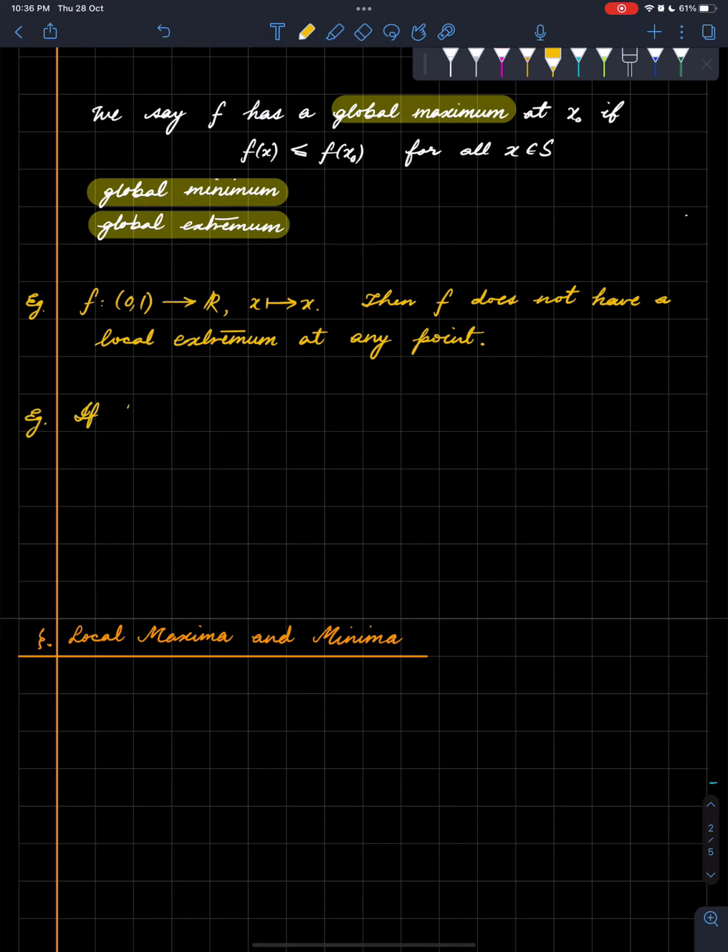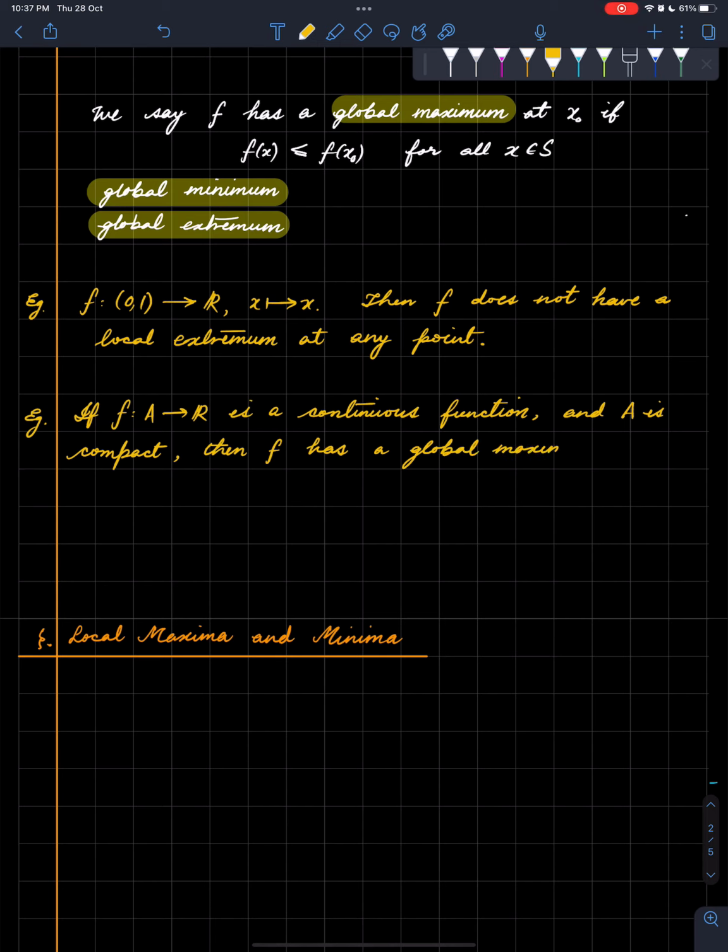So if f from A to R is a continuous function, and A is compact, in particular if A is a closed interval, then f has a global maximum as well as a global minimum. So we saw this when we were discussing compactness. Okay.